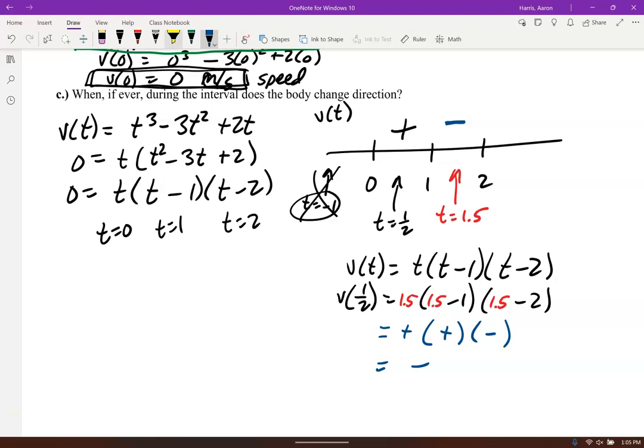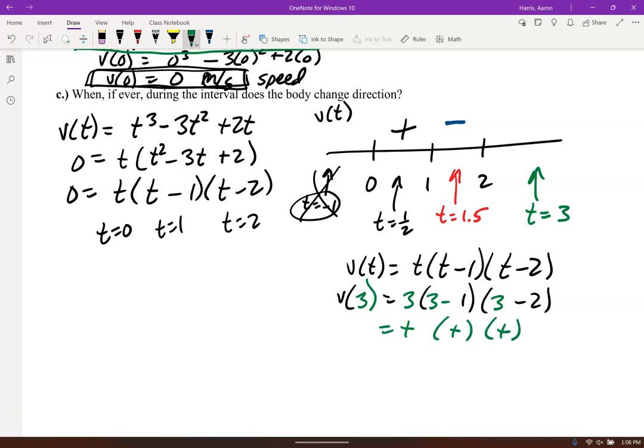Now the question is, does it change direction after 2? So let's go ahead and test like 3, something out here. 3 would be nice and easy. Let's throw that in. Positive, I have a positive, I have a positive. Okay, I guess it's going back up again, this object, if it's up, down, right? If it's right, left, then it'd be like right, then it's going left, then it's going right, and so on.